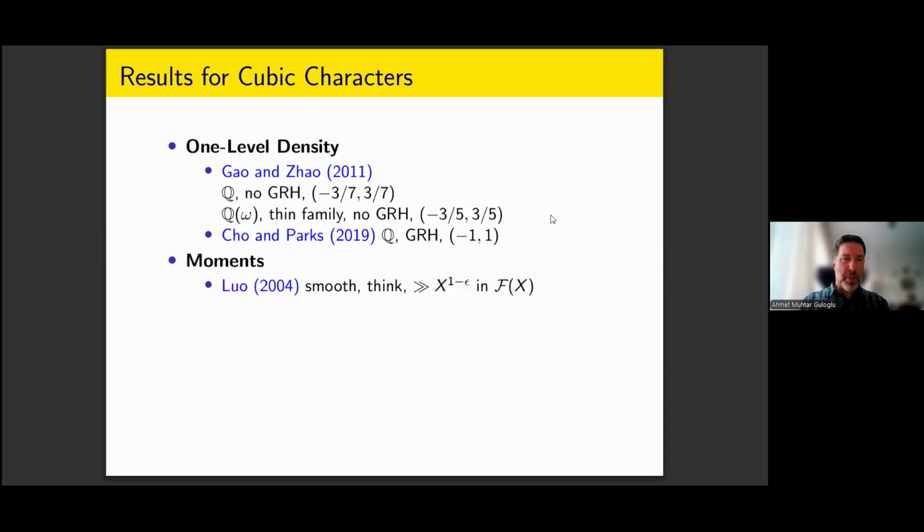And if you use moments, my PhD advisor got the result again for the thin family. I was trying to write thin, but I wrote think.